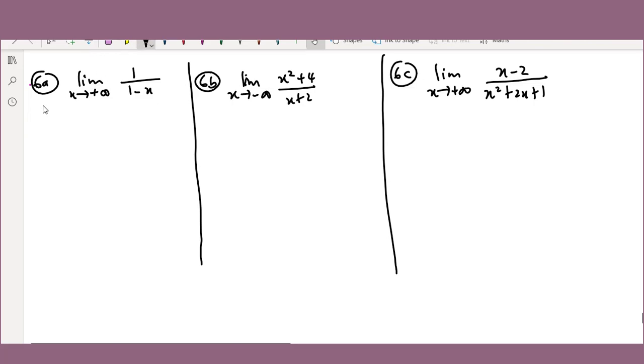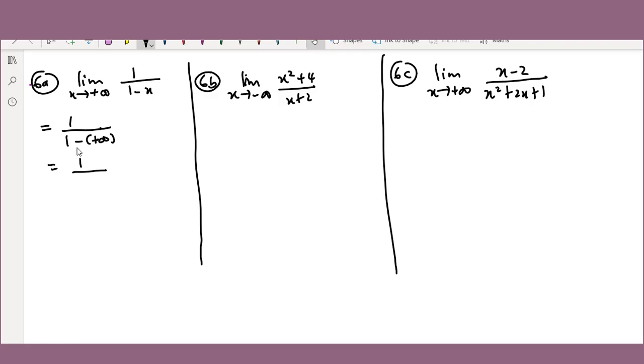Okay, for 6a, the limit of the function 1 over 1 minus x as x tends to positive infinity. First step, substitute. Okay, let's say you substitute. This is not good working actually, I just want to show you. It is 1 over 1 minus infinity.